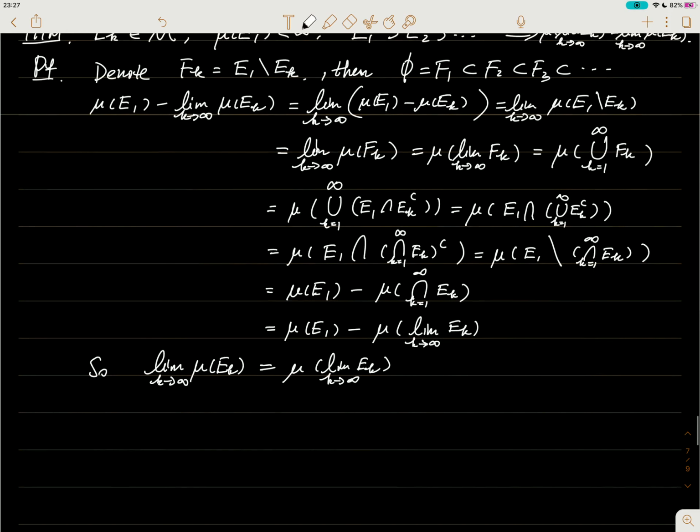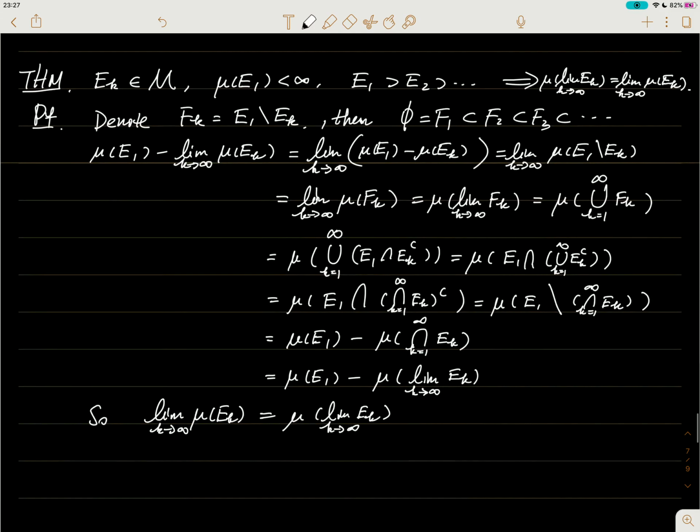Okay, so here notice that this is just the same as the previous theorem, except that we do require the mu of E1 to be finite. Actually, it doesn't have to be E1, it can be any middle one, say Ek.